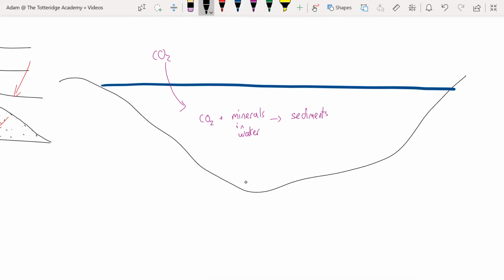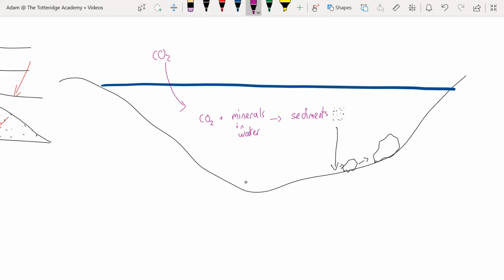And those tiny bits of rock, like this, fall to the bottom of the sea. And then over time, those form into bigger rocks, and then bigger rocks, and then bigger rocks, and so on. So these rocks, what should I call them?